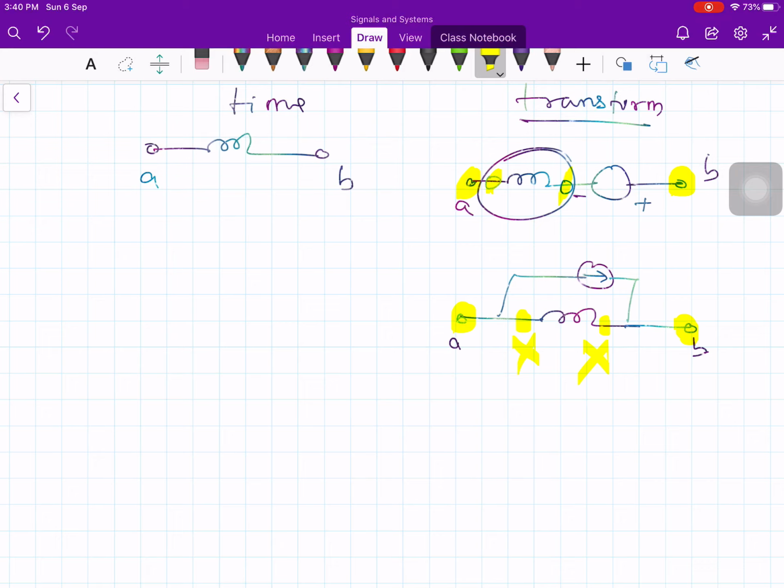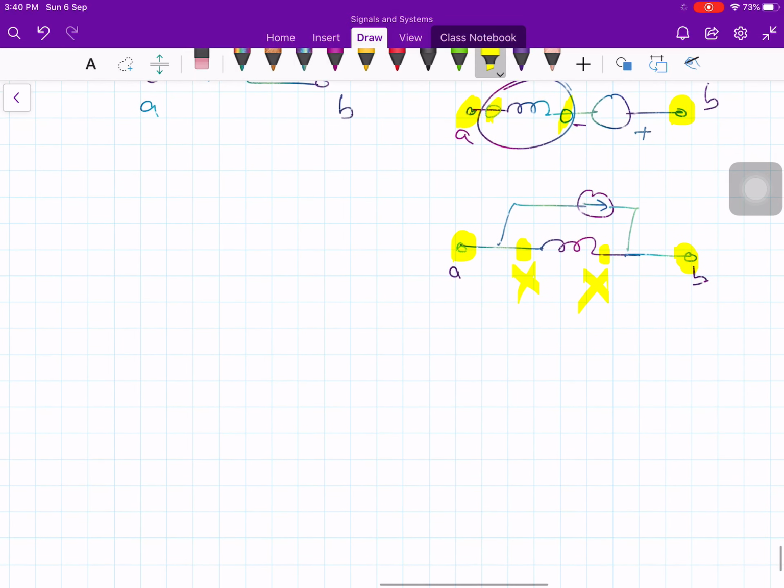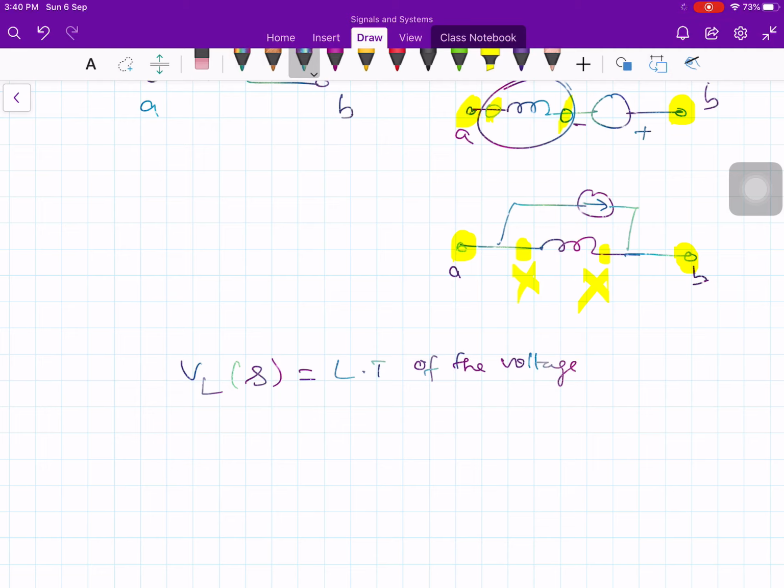So what we have done here is the representation of an inductor in the transform domain, where the variables in the circuit are the transformed variables, not the functions of time. Therefore VL of S is the Laplace transform of the voltage, and IL of S is again the Laplace transform of the current. So the variables are transformed variables, and the element strength is not L, it is SL.